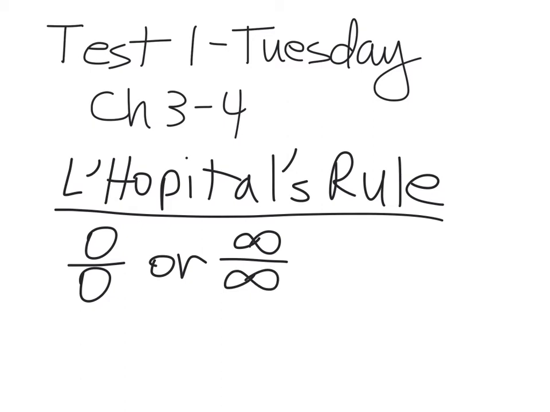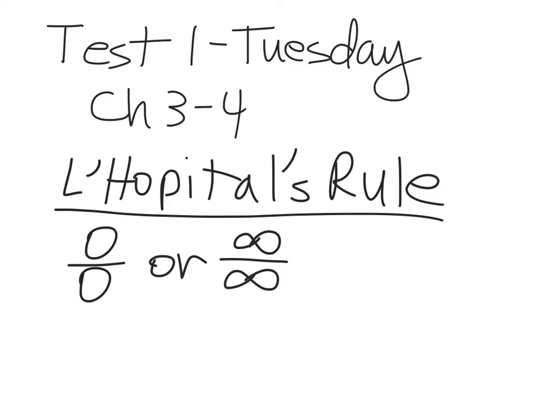Now, we did take a look at a lot of limits. Many of them were already in this form, but then there were some by the end of the homework that had other indeterminate forms, and we had to change the form algebraically into either infinity over infinity or 0 over 0.